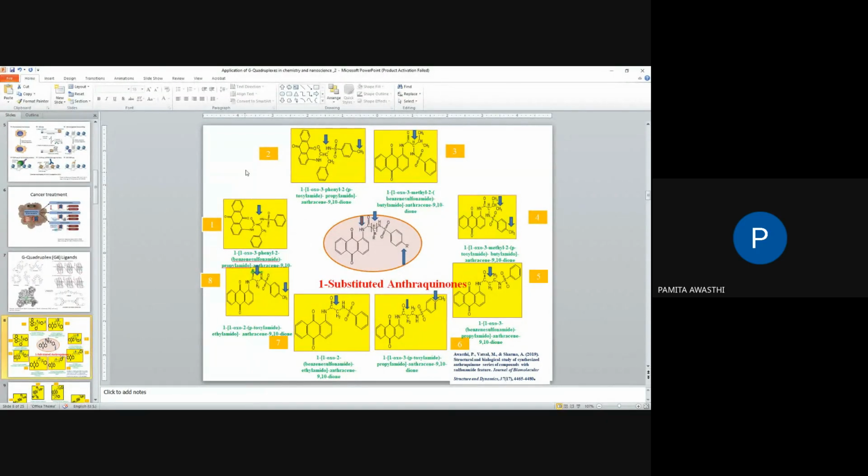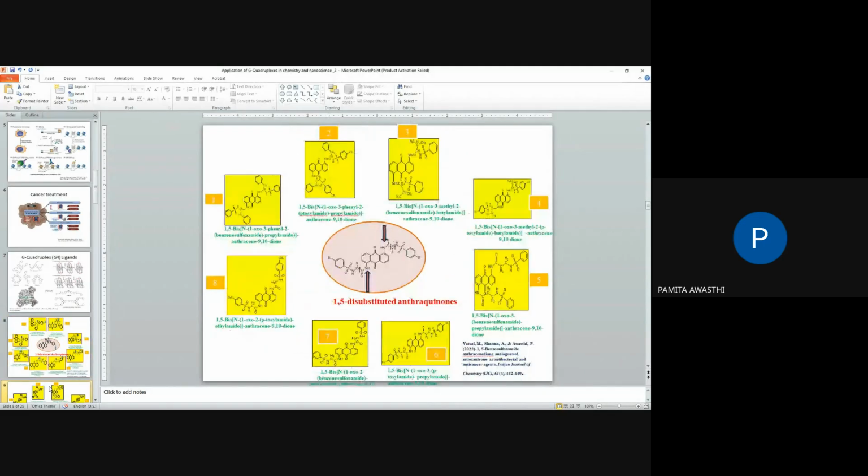So these are the number of compounds which have been designed as well as synthesized by simply, in this case, position is fixed, but we have diversified the central component of the side arms as well as the terminal component of side arms. And the publications are also there, so you can check them online for the details.